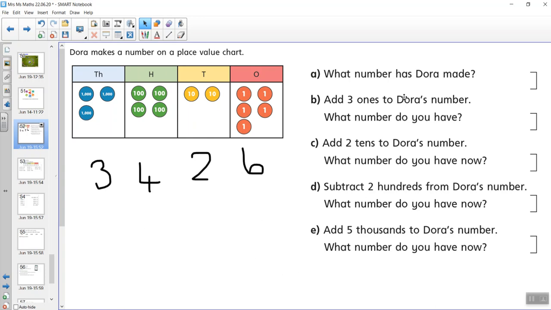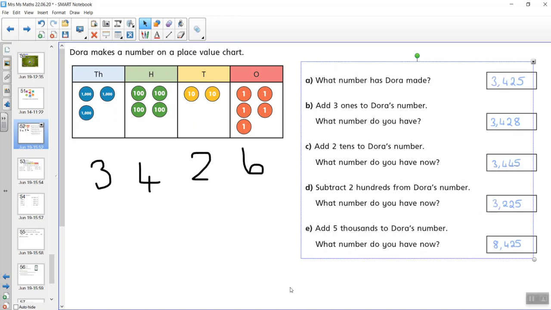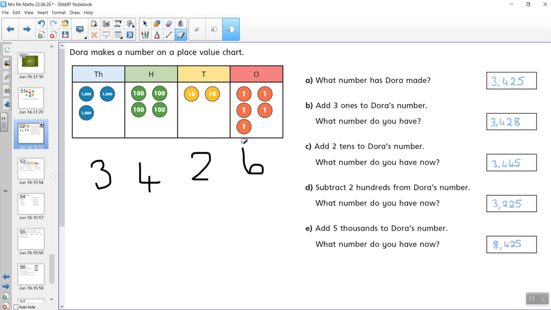Okay, you've had a go at that, so let's just move that out of the way. There we go. And so when we added on 3 ones, Dora's number, maybe I need to count a little bit more carefully there, children. Goodness me, there's only 5 there.